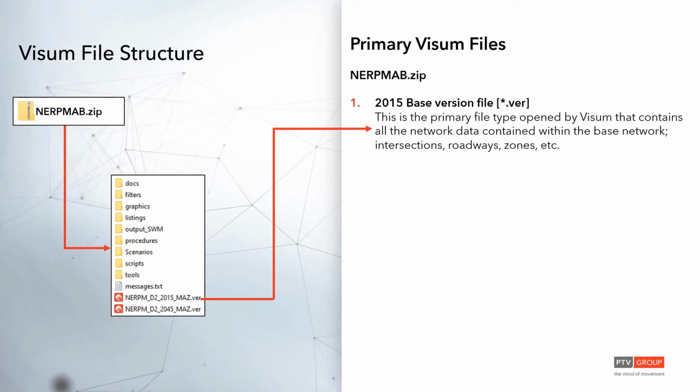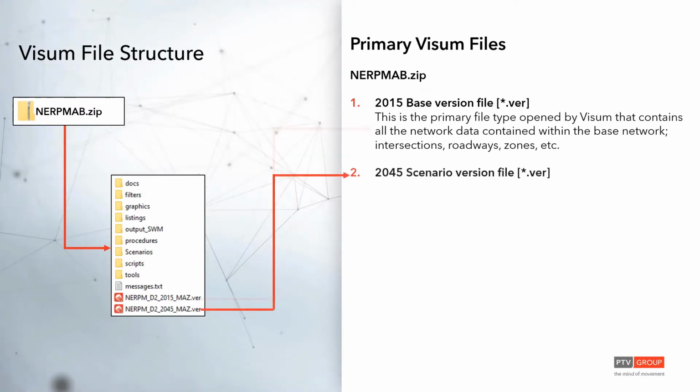It contains all the network data, the polygons, zones, nodes, intersections, and all the associated attributes of those network objects. So when you're working with any Visum model, this is the primary file that you would open.